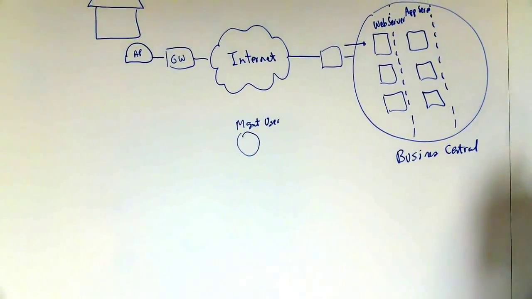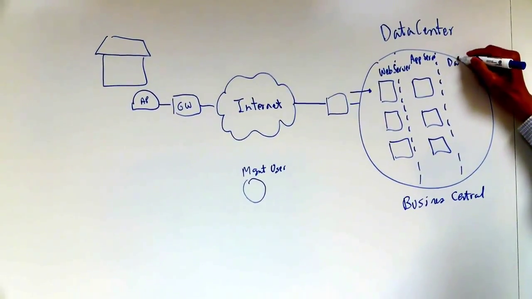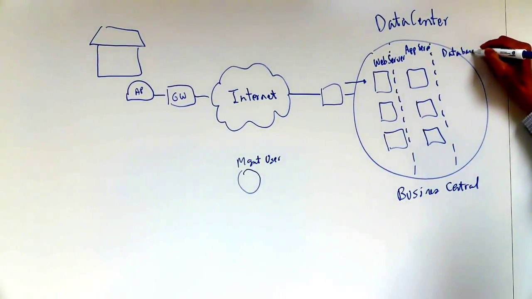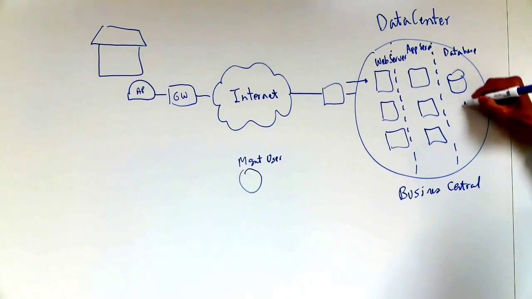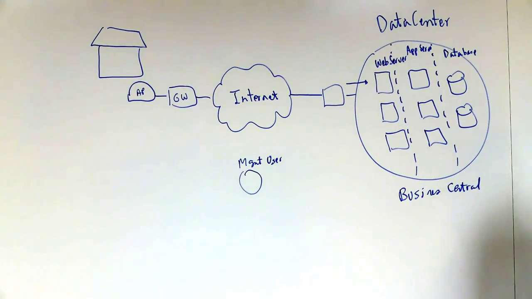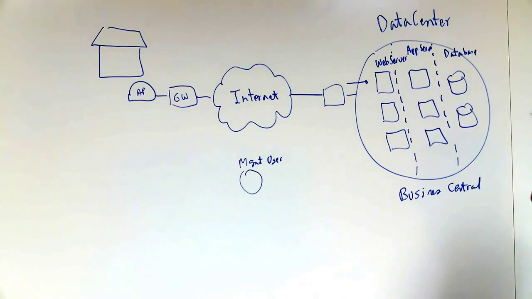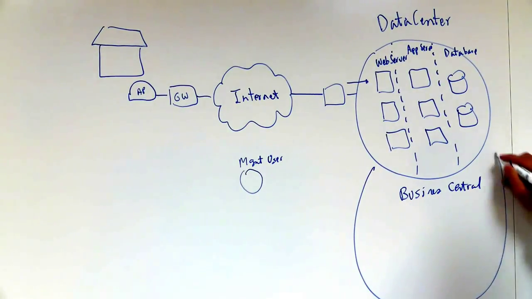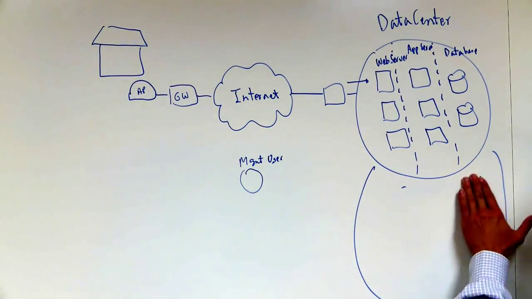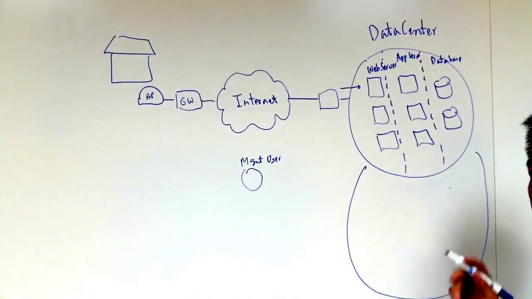And then on the back end, you have the database. And for redundancy, we host the content in multiple data centers of Amazon. So you have multiple locations, fully redundant.